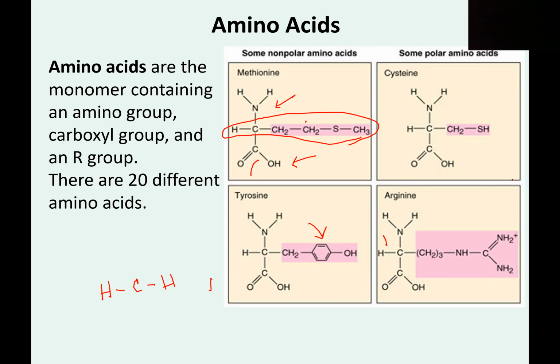They can have a carbon chain with nitrogens. So they can vary. So you need to be able to recognize any of those as an amino acid.